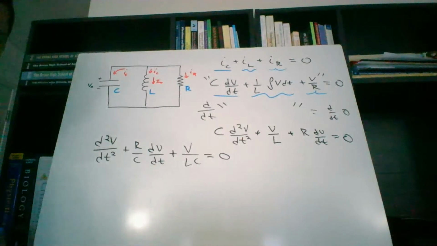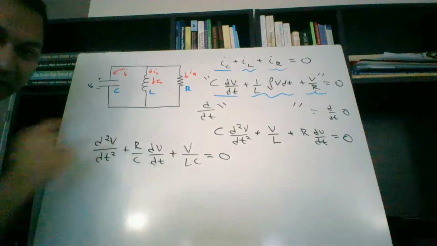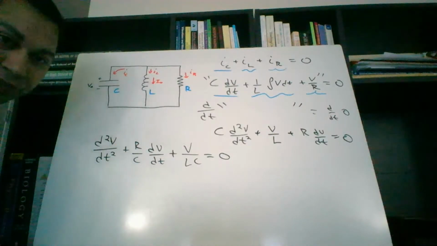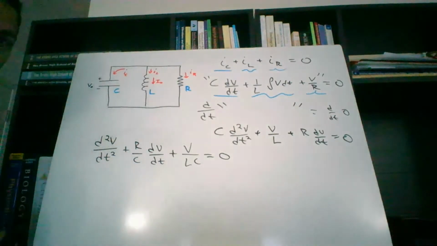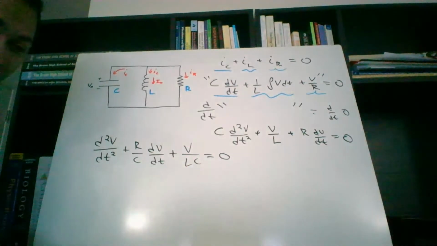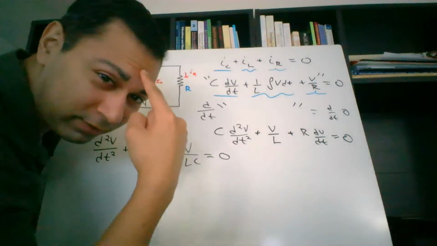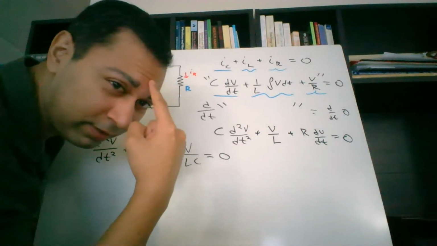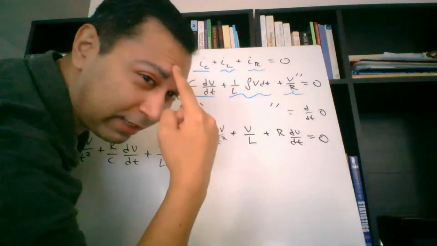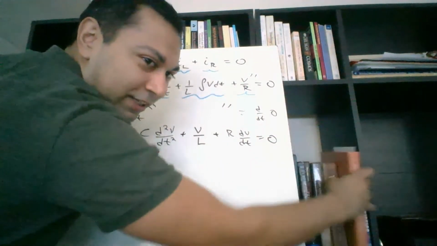Now this is what we're after here. This is a second order differential equation. Okay? And how do you solve this second order differential equation? Well, what I do is I use what's in here. And then from that, I remember that I have a book called Differential Equations right here.